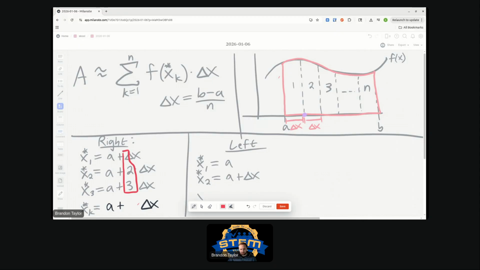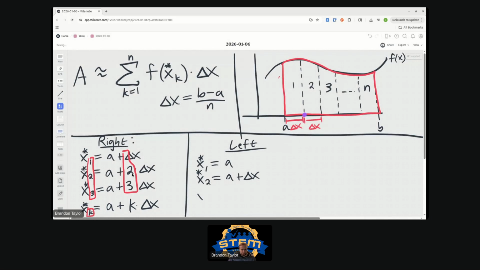Once you recognize what's changing, you need to find some formula that relates the subscript. You think of the subscript, like the k, as the input to the function. And then think about what formula, if I plug in k for each case, gives the correct thing here. Hopefully you can tell that the answer is just k times delta x.